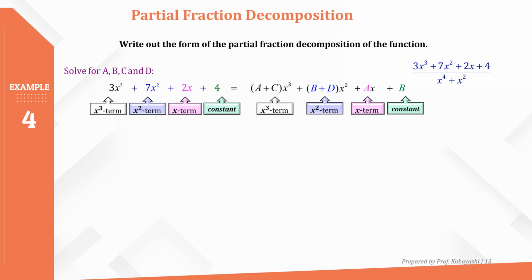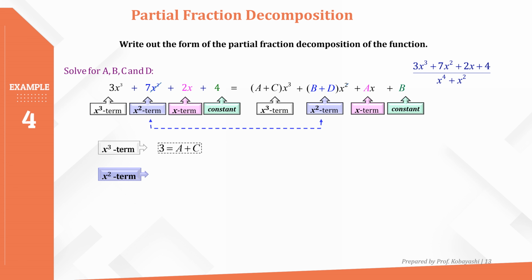Let's solve unknowns by equating the coefficient of each side. For the x cubed term, take that term from each side of the equation, and they should be equal to each other. Cancel x cubed from both sides to get the equation 3 equals A plus C. Similarly, for the x squared term, take each x squared term from each side of the equation and make them equal.